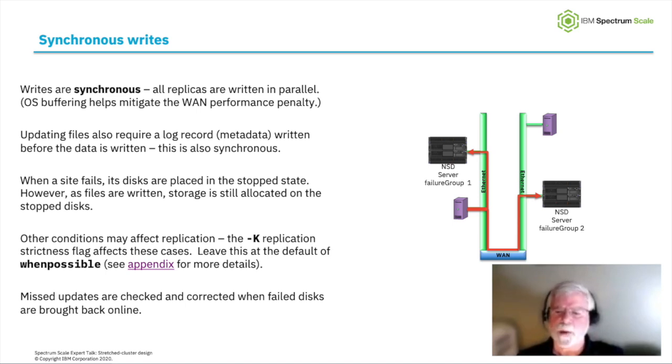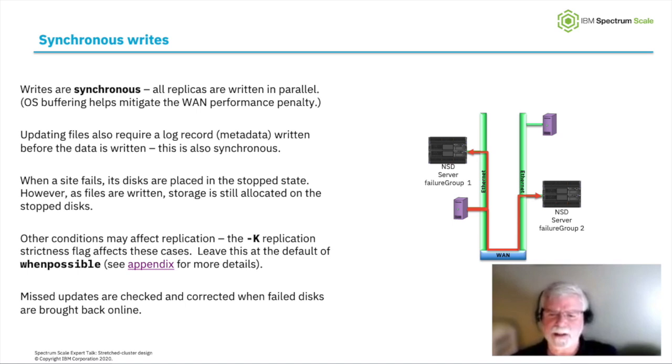Replication will increase network traffic when writing, because all replicas need to be written. Additionally, there's some metadata traffic that needs to happen to ensure consistency. So, even if a failure happens when we've only partially done one of those writes, we're still in a consistent state with our file system.